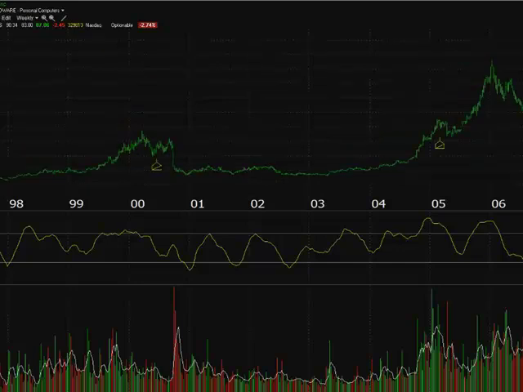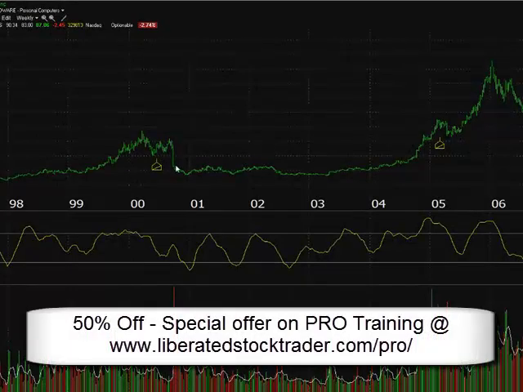So for example here, if I look at an arithmetic scale, you can see it's very difficult for me to see the percentage swings on a long-term basis, right? Here you can see, according to this chart in arithmetic scale, from 2001 through to beginning 2004, this stock practically didn't move, right?